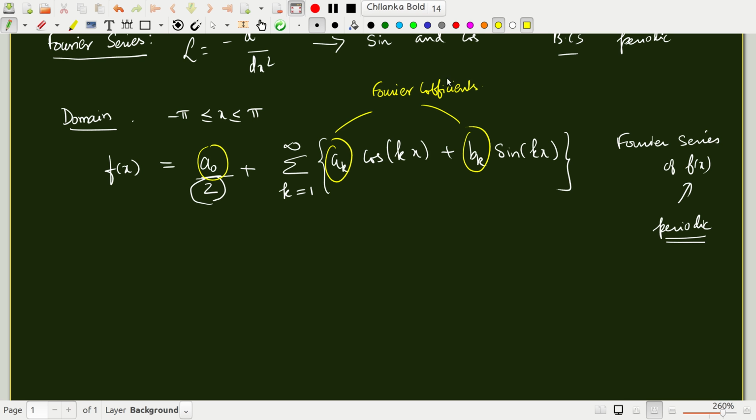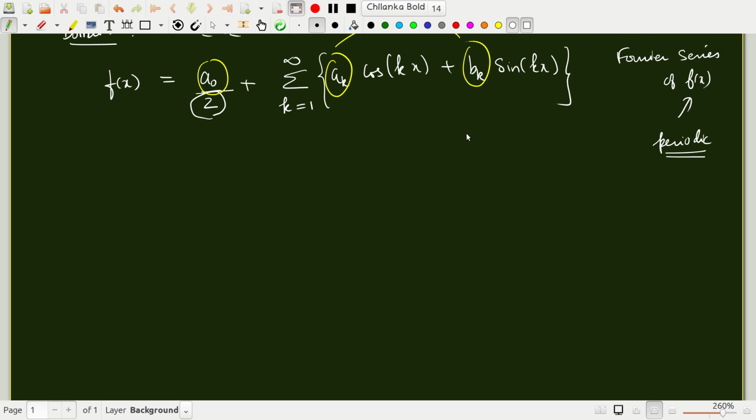And how do you find them? Much like you find the coefficients of this expansion in 3D vectors.